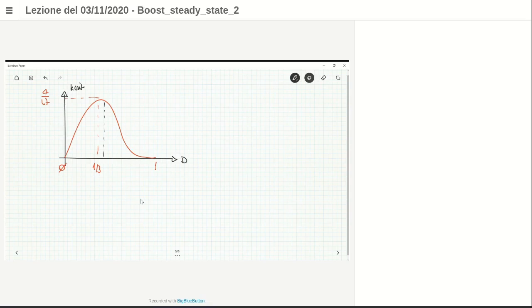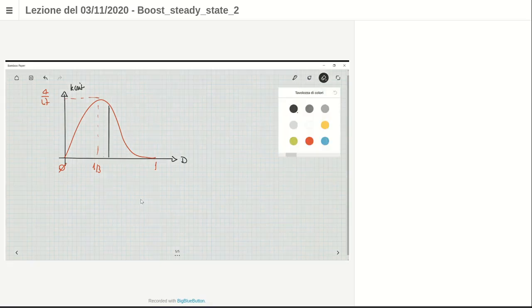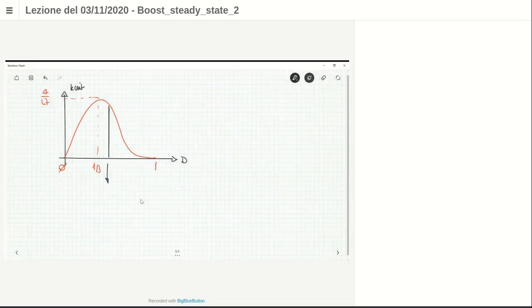You have here D minimum, and here you can have the maximum. In that situation, you can now easily recognize that your duty cycle variation does not include the 1/3 point at which the critical curve has its maximum.